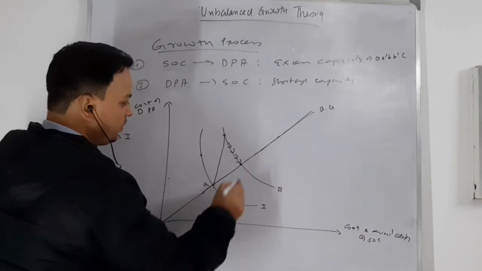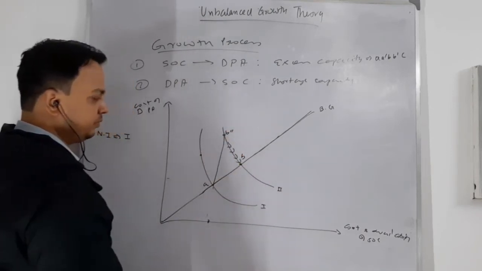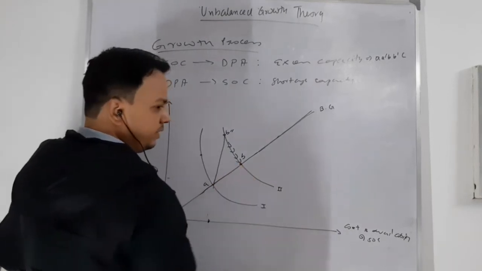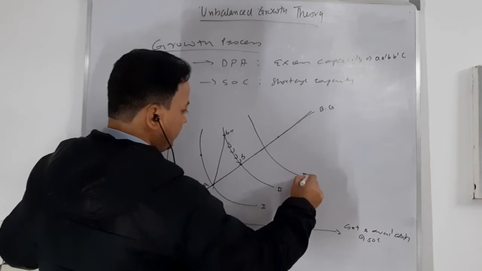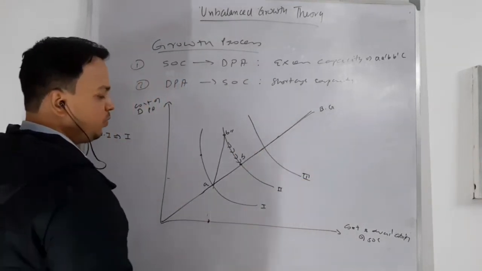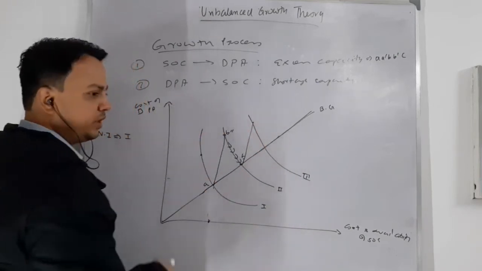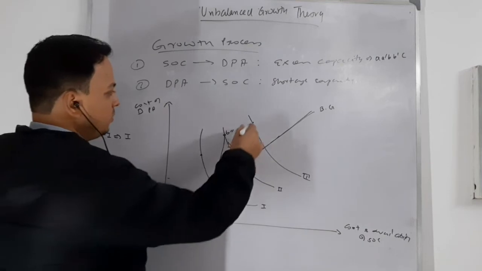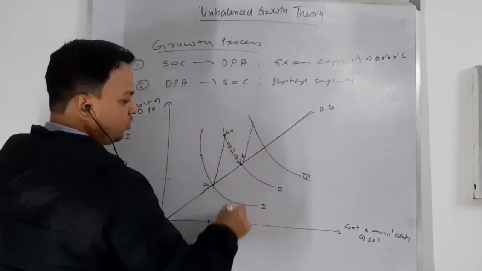So we move from A to B double prime to B, and then we reach here. Again, there is an increase in national income to, say, level 3, so the equiproductive curve will shift rightward. When the equiproductive curve shifts rightward, since direct productive activity comes first, it is at a high level and we have a shortage of social overhead capital.